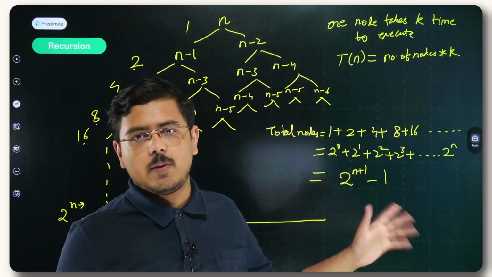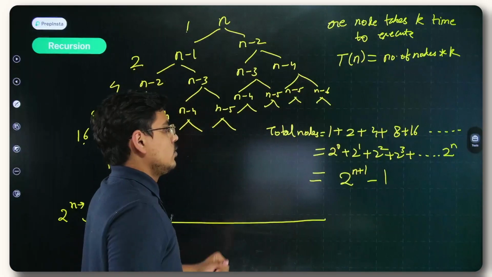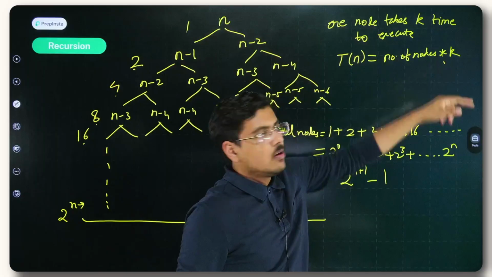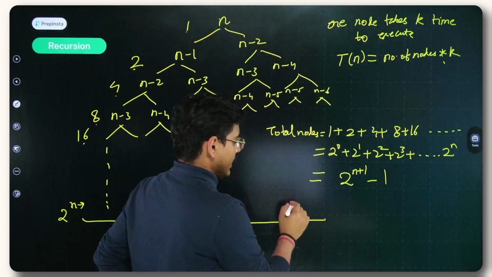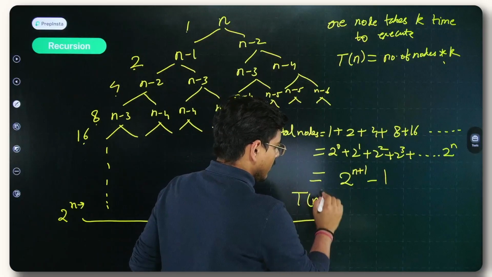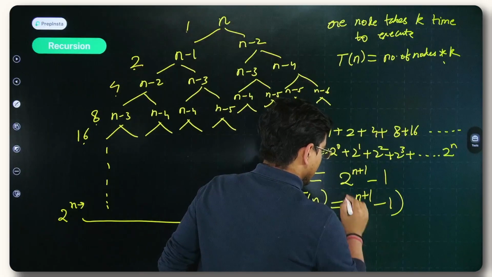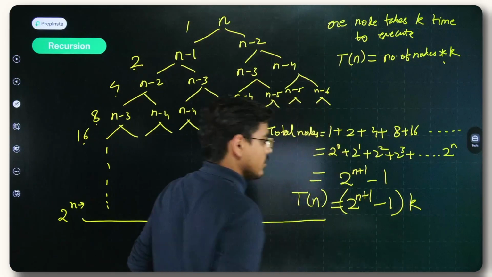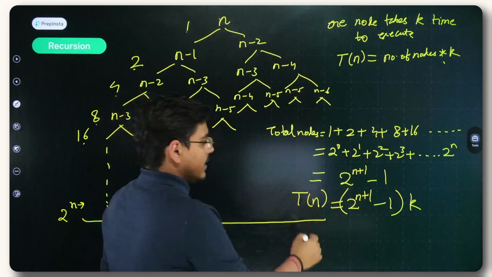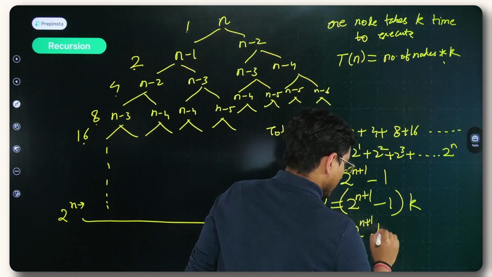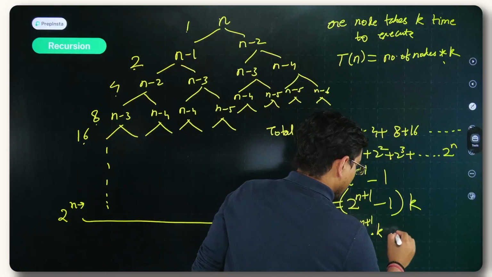Now, if I multiply it with this particular k, then what I'll get is my time complexity. If I multiply this, what I get is 2's power n plus 1 into k, minus k.